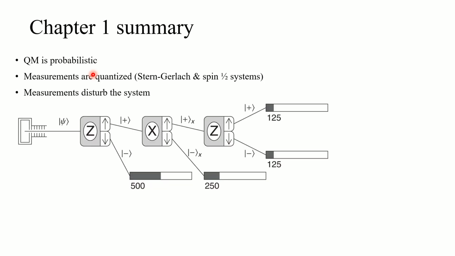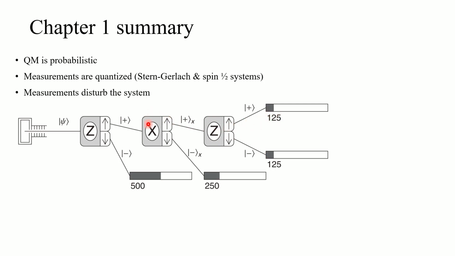We used these Stern-Gerlach type measurements to lay the underpinning of what's going on and what's interesting with quantum mechanical systems. We also saw that measurements disturb the system. This came from, I think it was experiment 3 of the Stern-Gerlach experiments we looked at, where we prepared our beam of particles in a spin up in the z direction. We measured the spin in the x direction, and then put the spin up in the x direction beam into a z-aligned Stern-Gerlach analyzer.